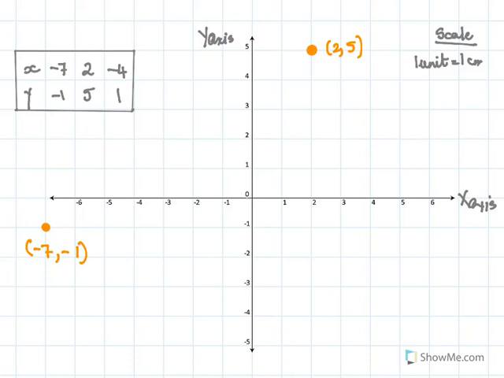So -4 and 1 would be here. x is -4, and y is 1. So we now go ahead and join the lines. So this is the line. You can extend it on either side, and the line is 2x - 3y + 11 = 0.